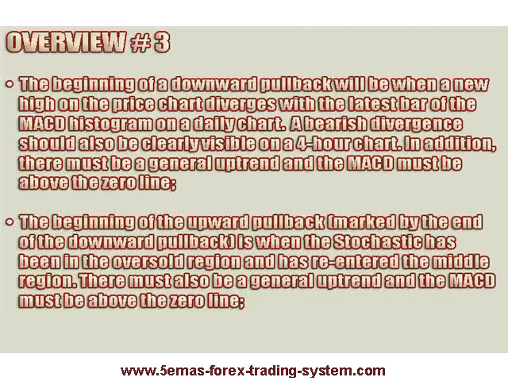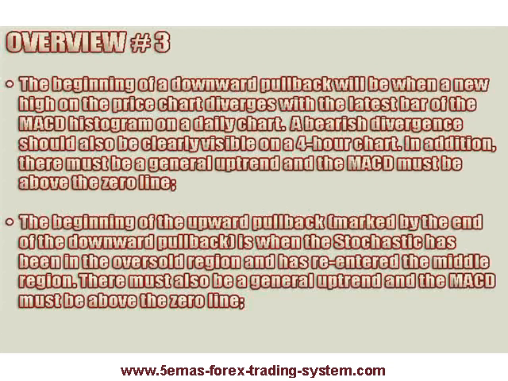For confirmation, a bearish divergence should also be clearly visible on a 4-hour chart. In addition, there must be a general uptrend and the MACD must be above the zero line.